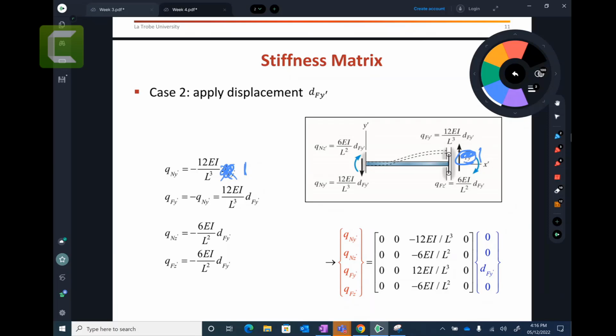The amount of force required to create this is minus 12 EI on L cubed. That is the force that you require to create this 1 unit load. So if I have a reaction force going in the opposite direction, it is 12 EI on L cubed.